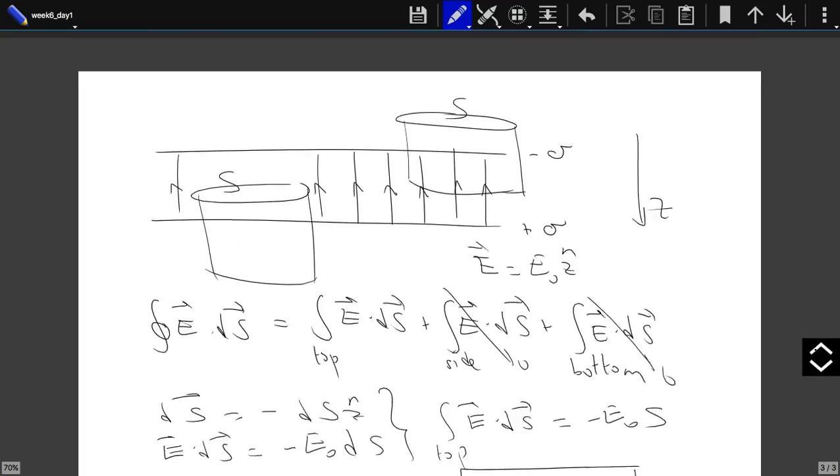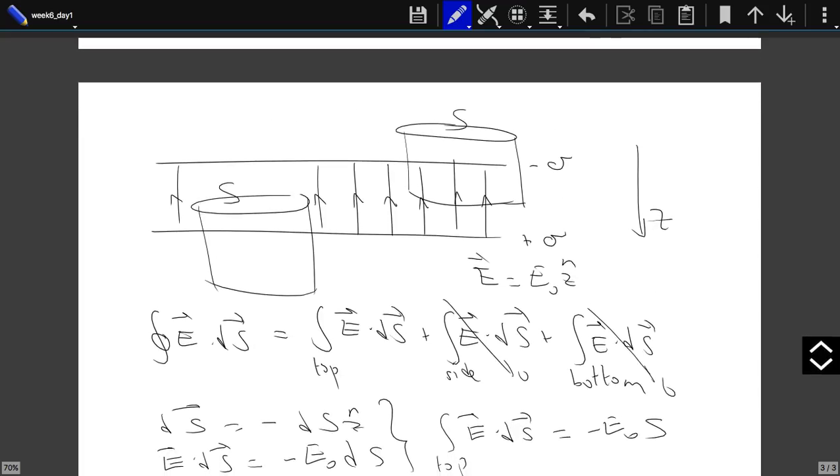Let's say this point. At this point, this plus sigma charge will create an electric field pointing downward. Minus sigma charge will create an electric field pointing upward. And they have the same magnitude because we first argued that this infinite plane creates a uniform electric field, so their magnitudes are equal. So one is pointing up, the other one is pointing down, so the sum of the two electric fields in this region is 0.